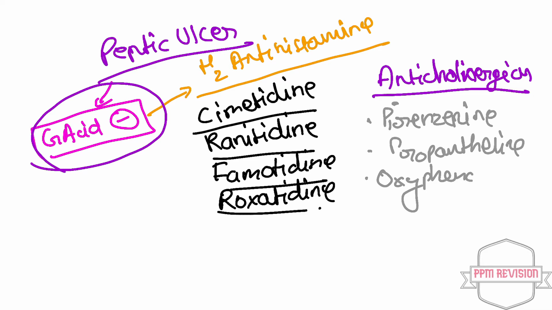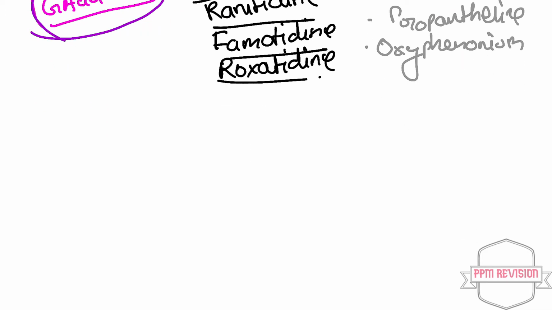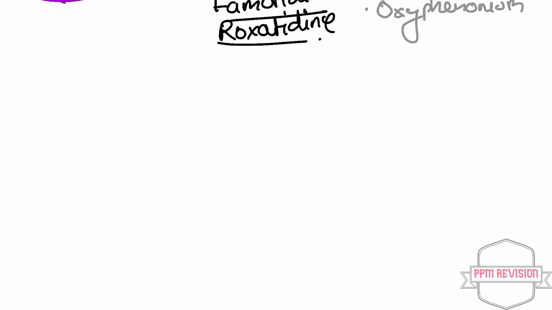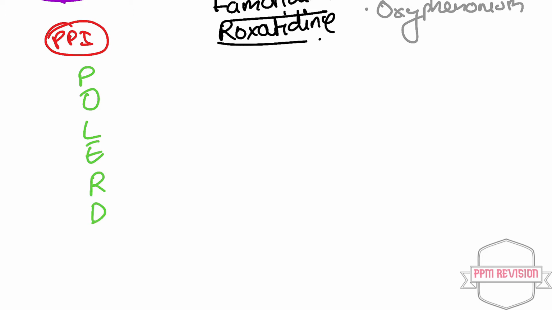Next, moving on to the other category under the gastric acid inhibitors, there is PPI, proton pump inhibitors. Under that, there is pantoprazole, omeprazole, lansoprazole, esomeprazole, then rabeprazole and dexrabeprazole. Okay, it's easy.